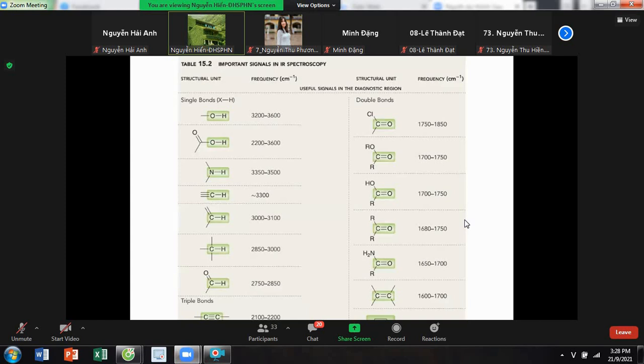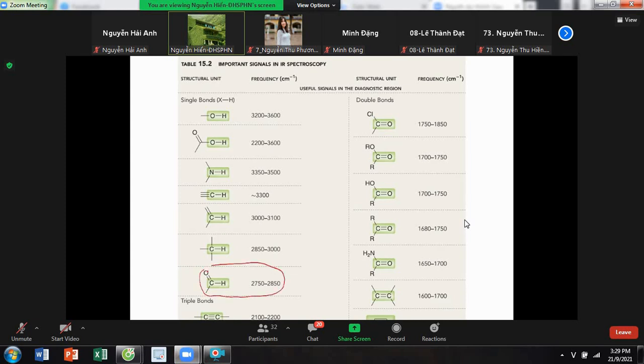So you have the table summary, all the absorptions of the most common functional groups. So I think now you more or less remember all of this. So I think we should go through this very fast. One of the signals that we have not talked much about is the aldehyde.